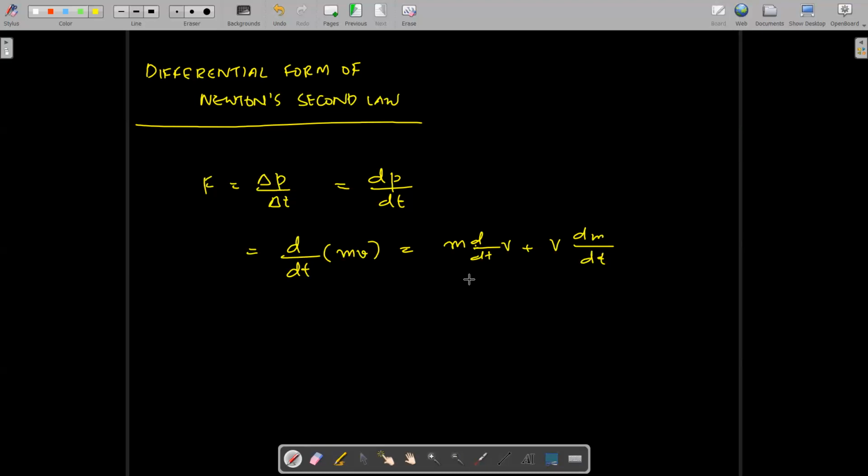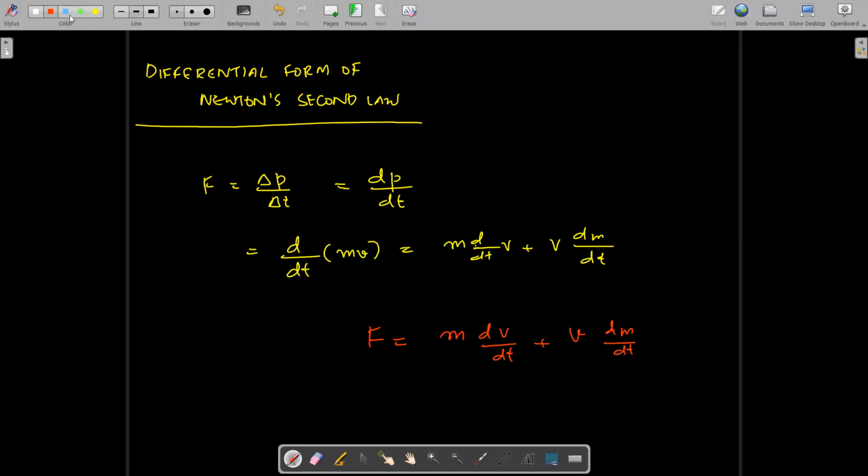So we have now reached this equation, that is F equals m dv by dt plus v dm by dt. So this is more of an exact equation, alle?